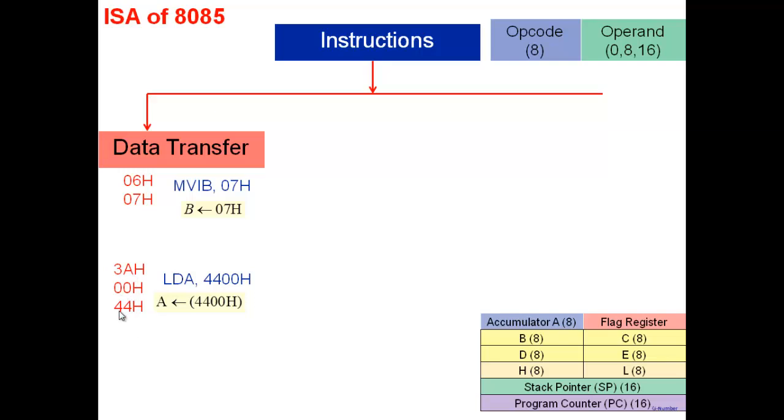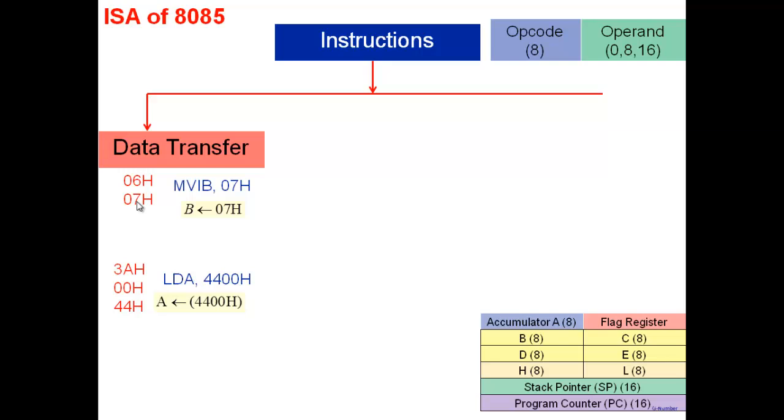So what the microprocessor will do, I will show you how it will execute that instruction. 3A denotes that it's an LDA instruction. What does it mean? You're loading the accumulator. And what are you loading into the accumulator? Well, 4400 is an address of the memory where the data is located. So my data that I want to load in the accumulator is located at memory location 4400.